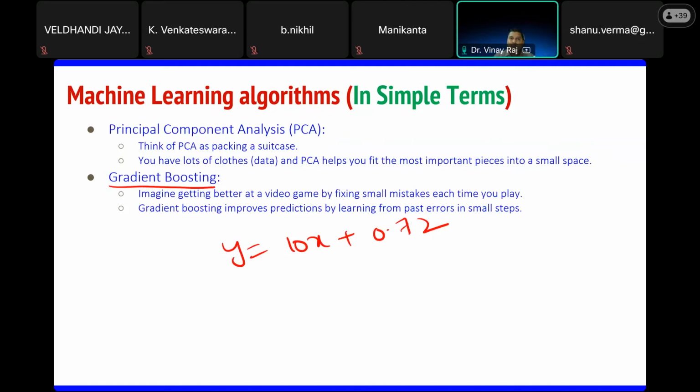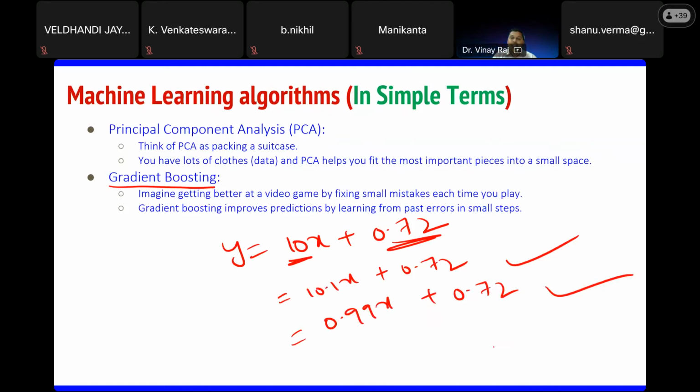This will help us in identifying it. But maybe this 10 is not accurate, and this 0.72 is not accurate. If we can improve a little, maybe I'll make it 10.1x plus 0.72 and check how it is performing. Or I'll make it 0.99x plus 0.72 and check whether it is matching with the real price or not.